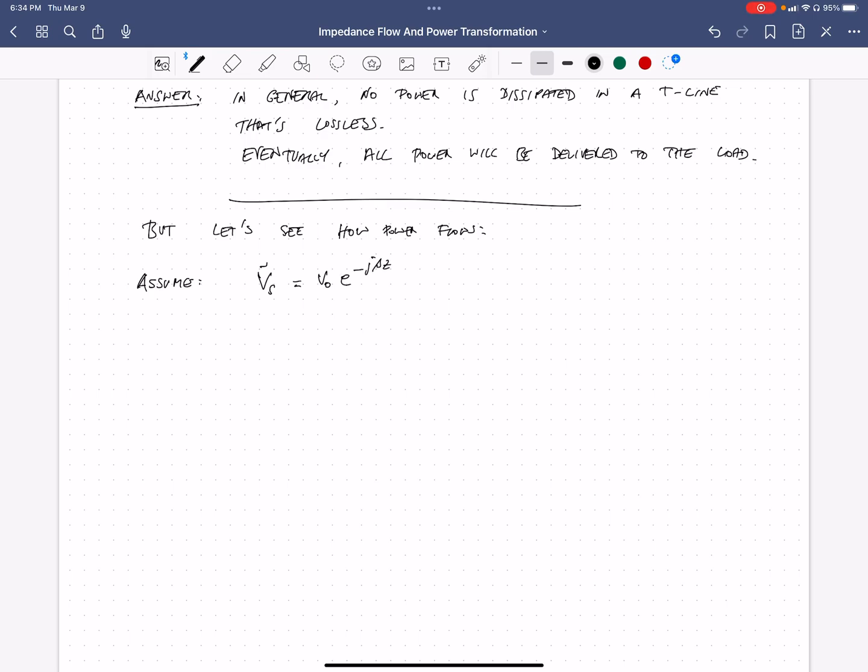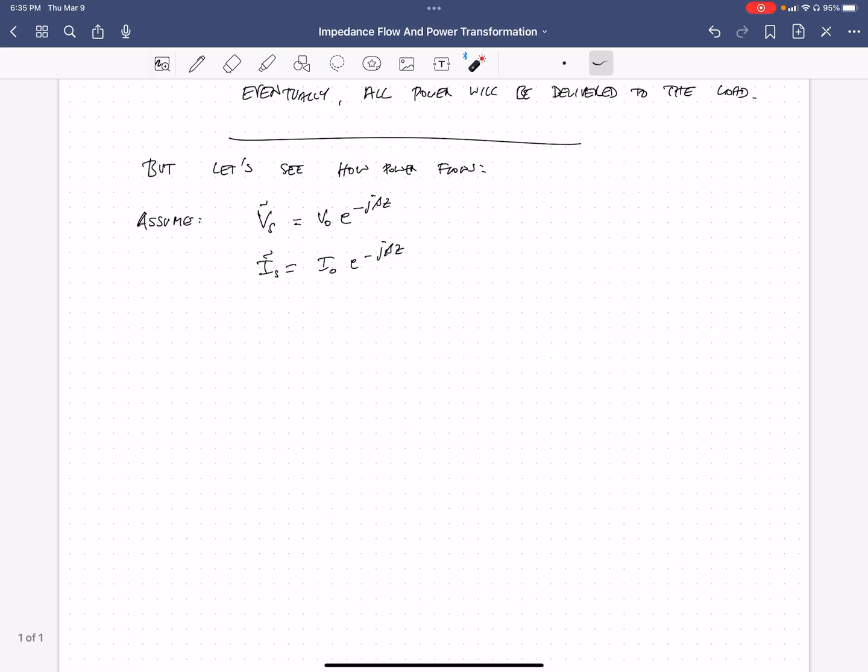So it's only forward going. At the moment we're just looking at the forward going voltage, and there's a forward going current associated with it. Normally we would put in pluses here, but I'm not including that for the moment because we're just looking at the forward going aspect.